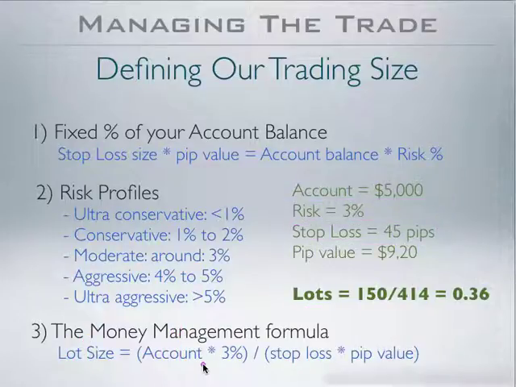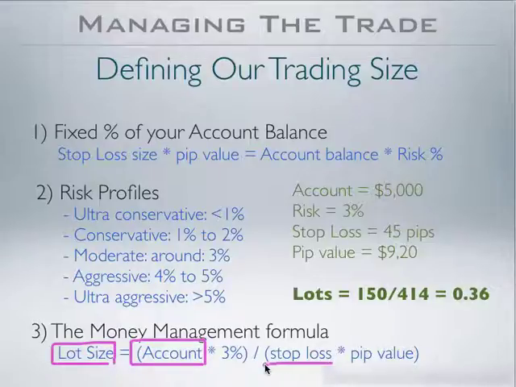The more funds we have in our account, the more lots we are going to trade. But on the other hand, the larger the risk in pips, the more we need to cut down on our trading size in order to continue satisfying that 3%.